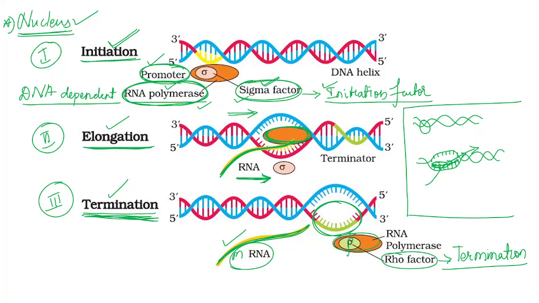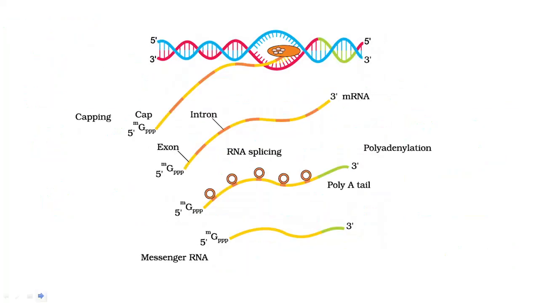Is that clear? This RNA which is produced is called mRNA. And the mRNA which is produced as a result of transcription will be in the form of hnRNA.